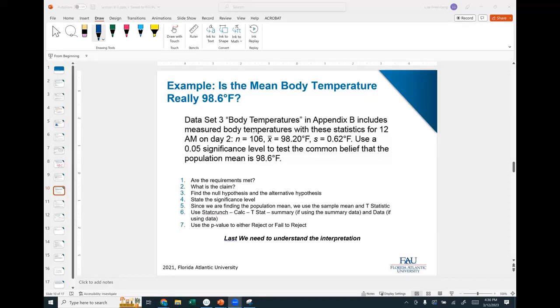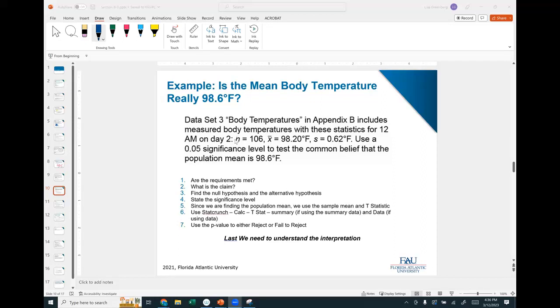Appendix B includes measured body temperature with these statistics for 12 a.m. on day 2. N equals 106, and you can read the rest. So first of all, are the requirements met?